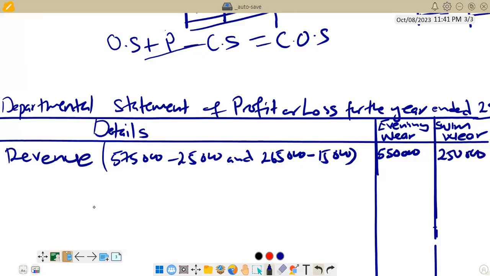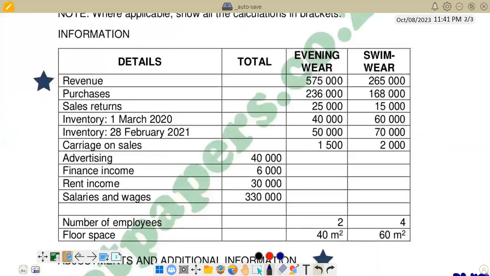Right. So having done that, we now subtract cost of sales. So we can just say less cost of sales. Then you go back again to find out the figure for cost of sales.